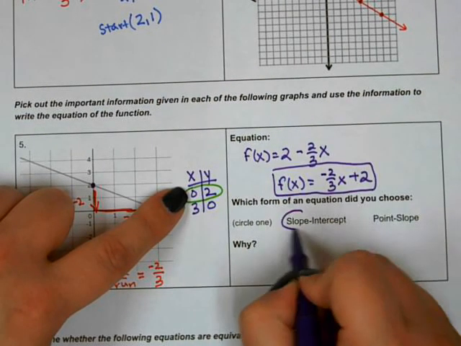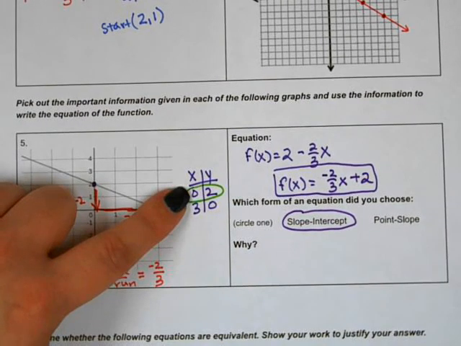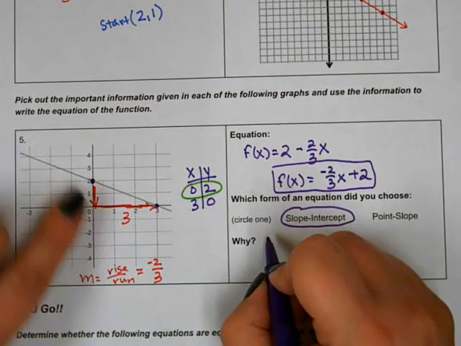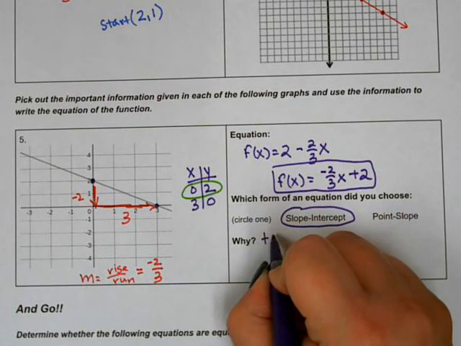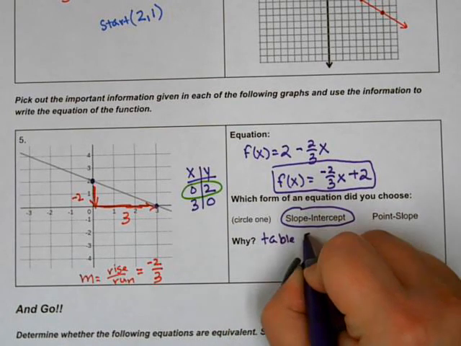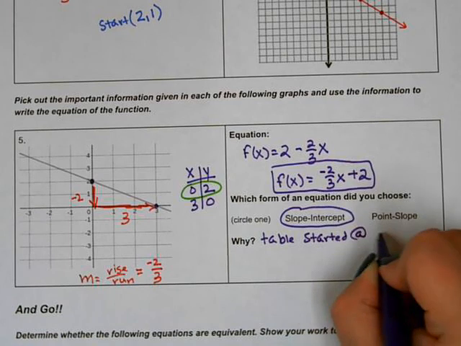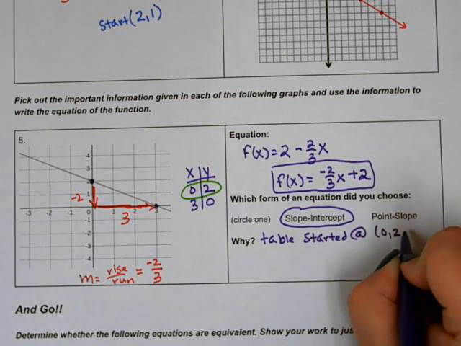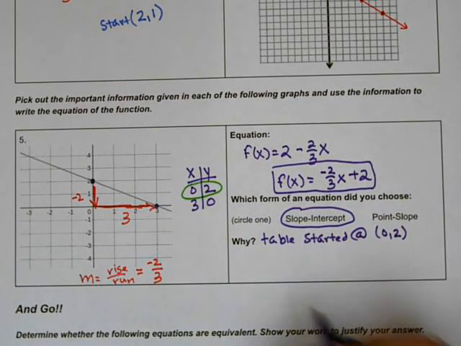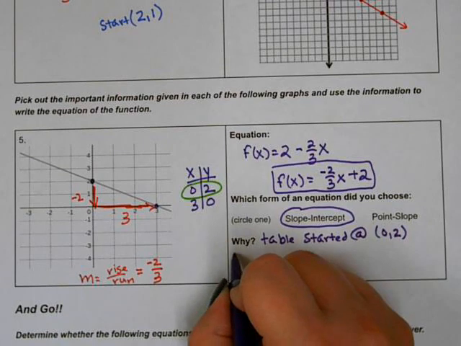So all I did was flip-flop these two terms and write my equation. So we chose slope-intercept form, and we did that because we were able to make our table start at 0, 2, excuse me, not 0, 0. The table started at 0, 2, which is the y-intercept.